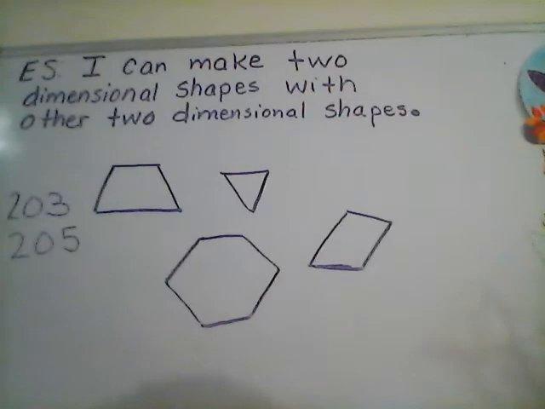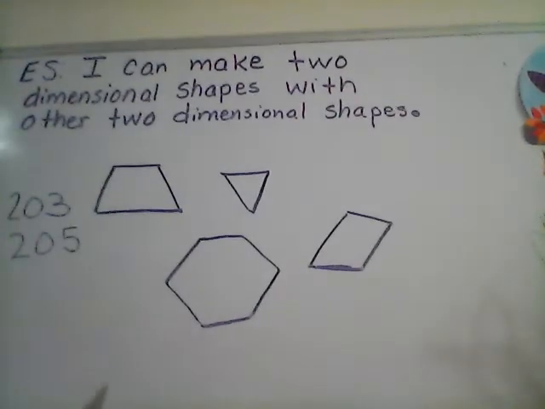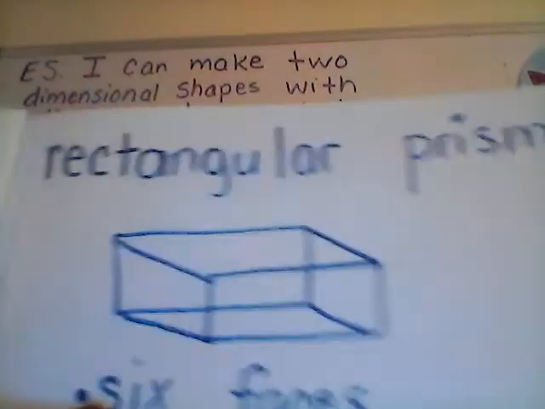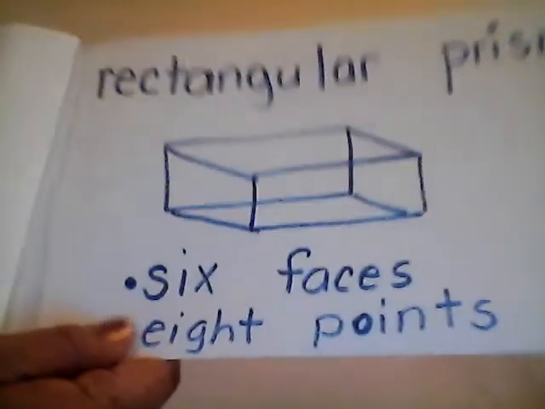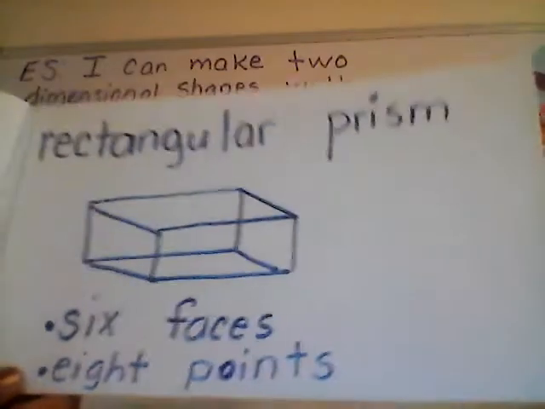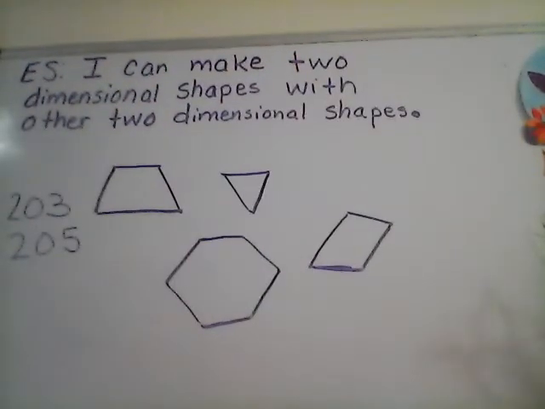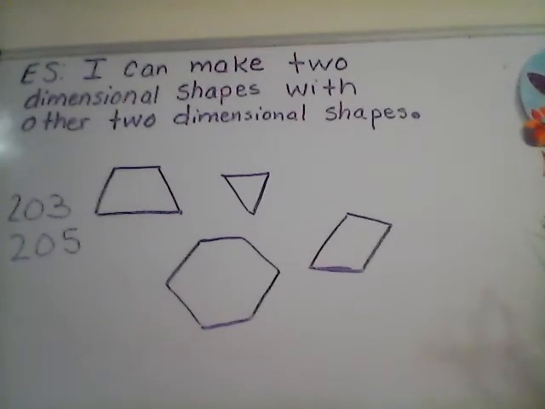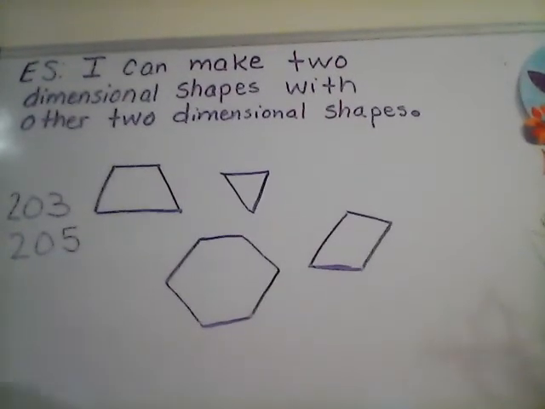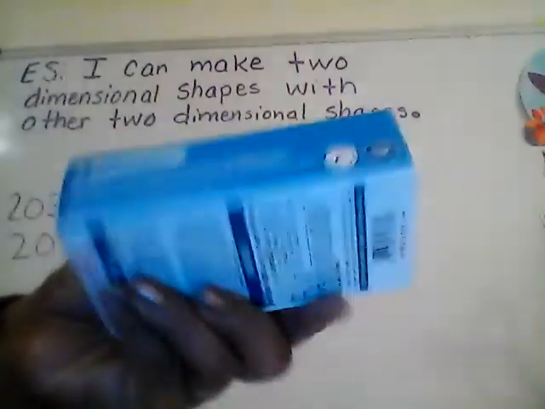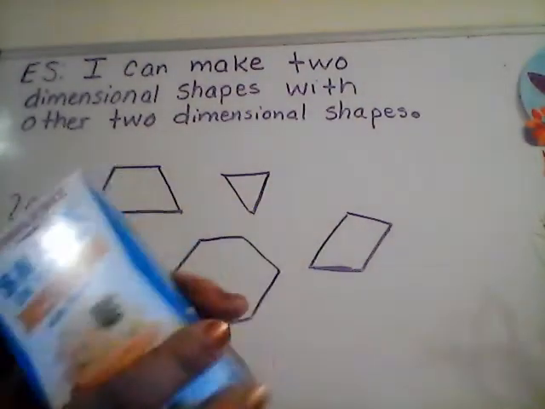And a rectangular prism has 6 faces and 8 points. 6 faces and 8 points. We have many things around us that are shaped like that, like a box of tissues. Here's something else that is a rectangular prism that I found in my kitchen.